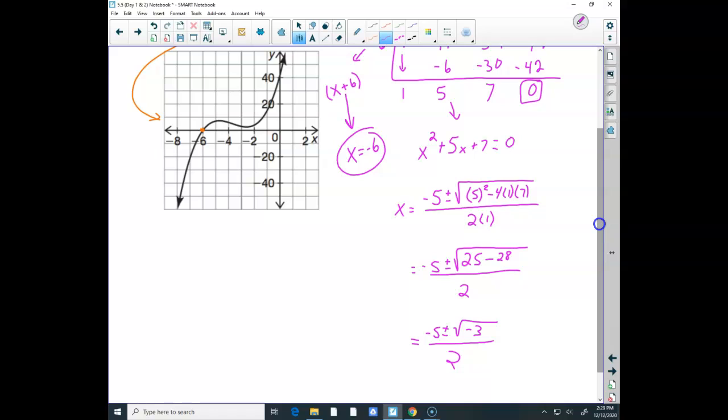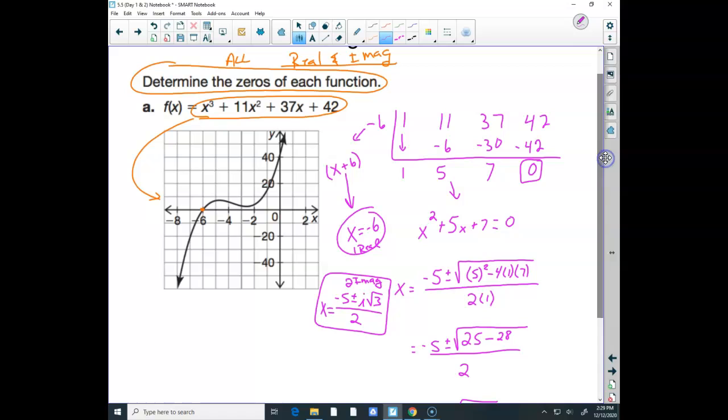So my other 2 solutions are x equals negative 5 plus or minus, pull out your eyes, guys. There's 2 imaginary, and there's 1 real. And our original function tells us we needed 3.